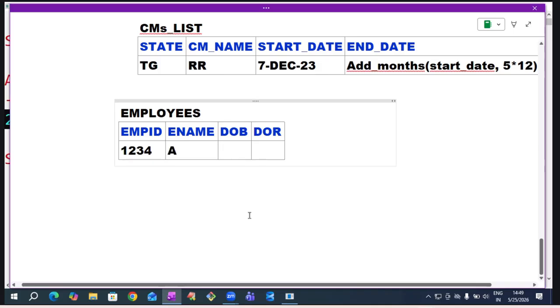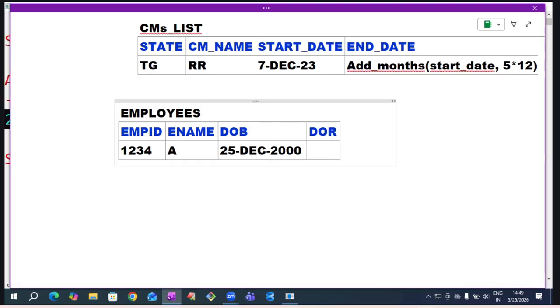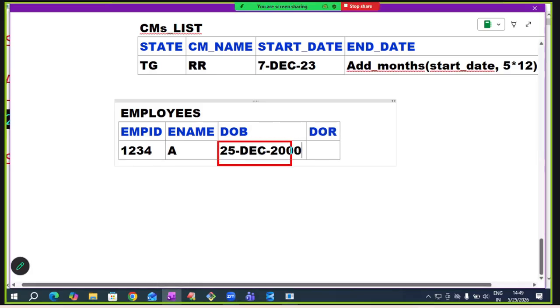So this employee's date of birth is 25 December 2000. If this employee's age is 60, that is his date of retirement.